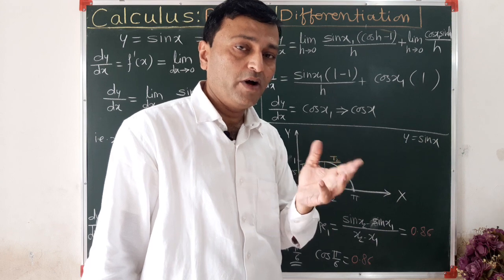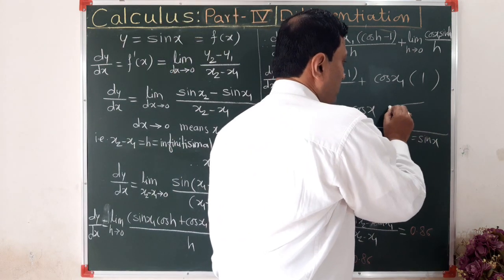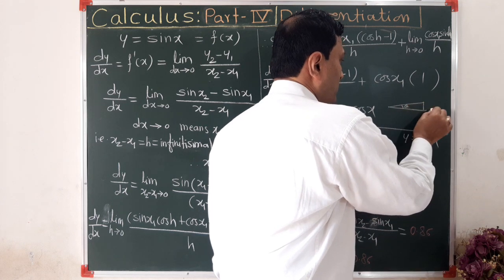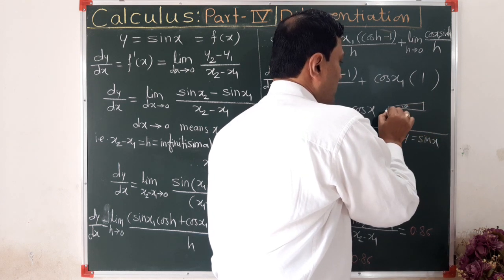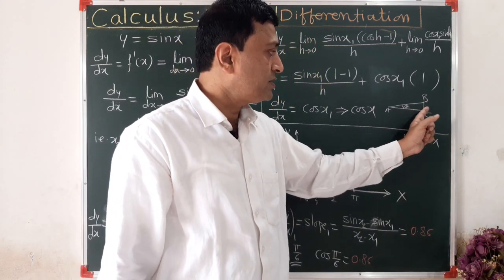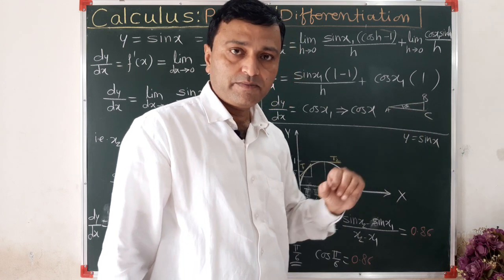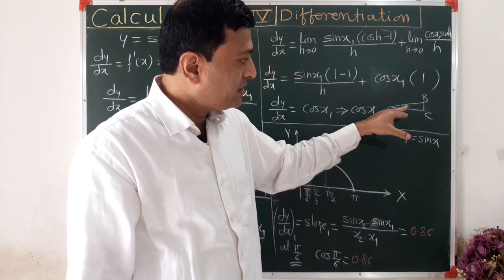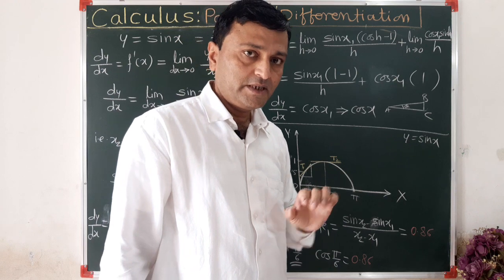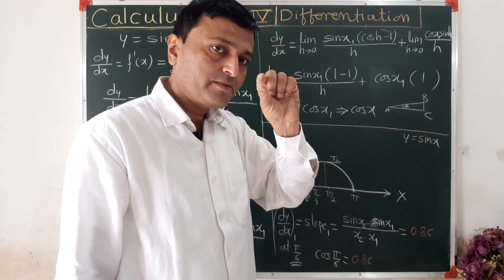Again a doubt: why is it 1? Suppose you know what sin theta is. Sin theta is opposite upon hypotenuse, means BC upon AB. Now you can decrease the value of theta, then BC will be very small.